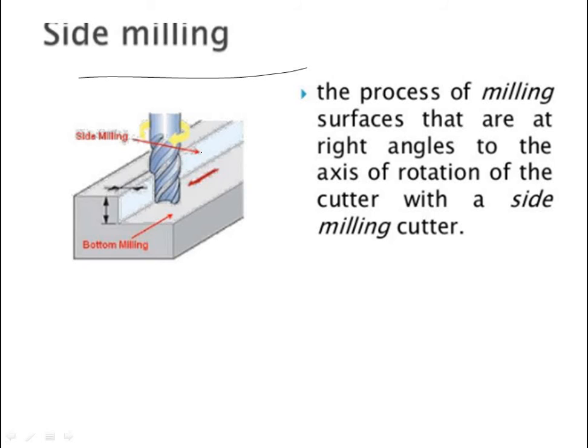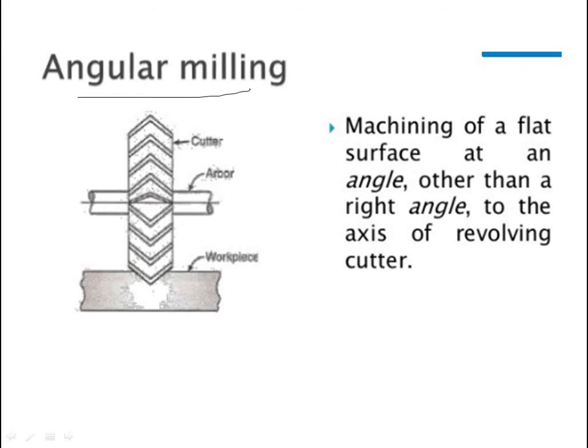Side milling, you all can see the arrow mark shown here. The cutter will be moving at the side of this workpiece. It is the process of milling surfaces that are at right angles to the axis of rotation of the cutter with a side milling cutter.